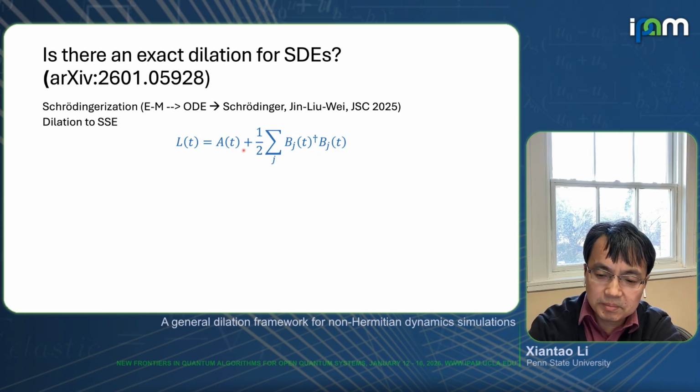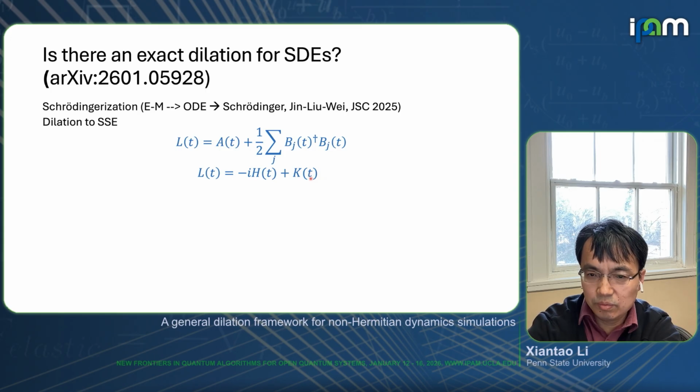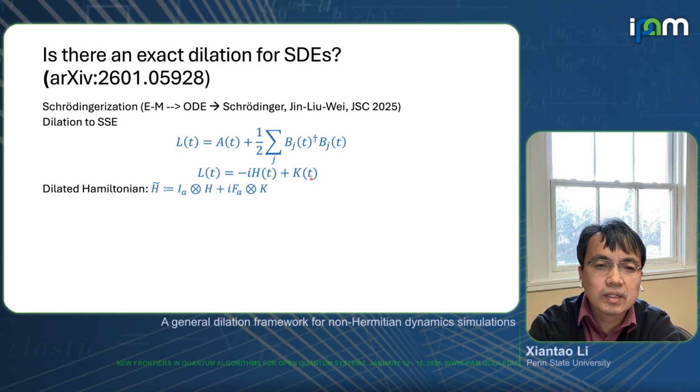Then you add them up, and you apply the same decomposition to this matrix L. So this part has the familiar Hermitian part, and this part we call K again. This K is the same K that you saw in the previous slide, right?